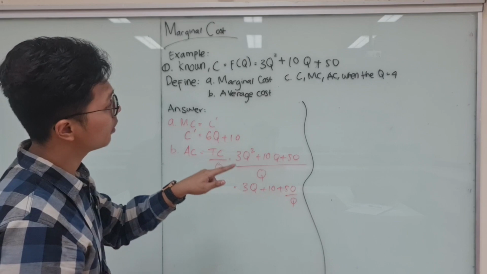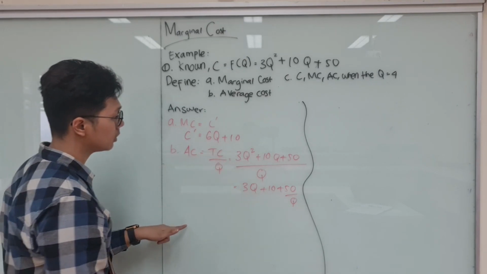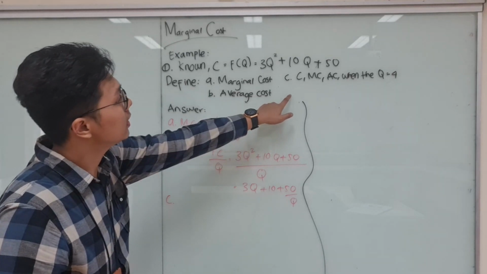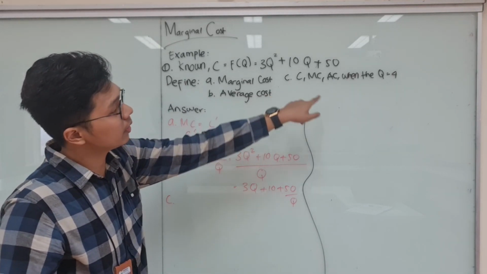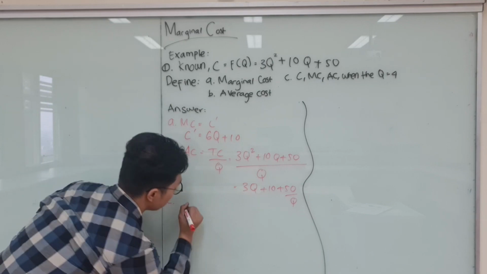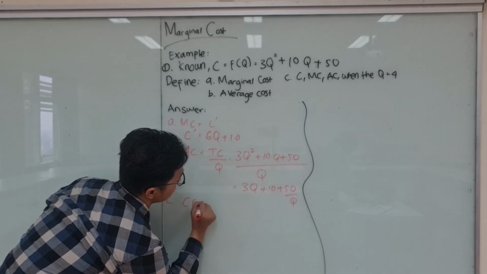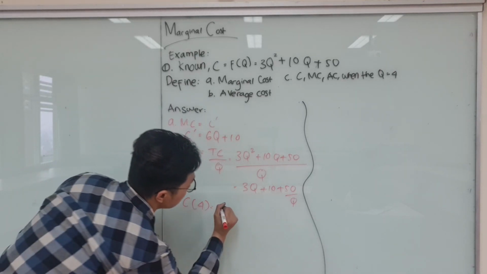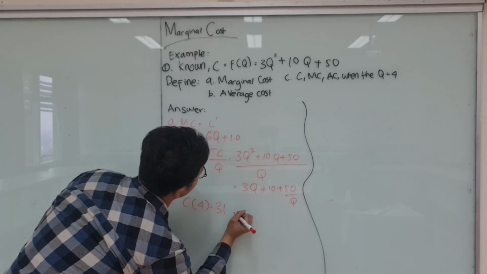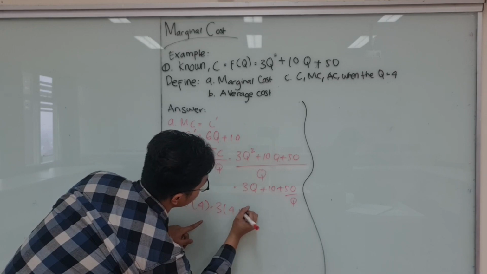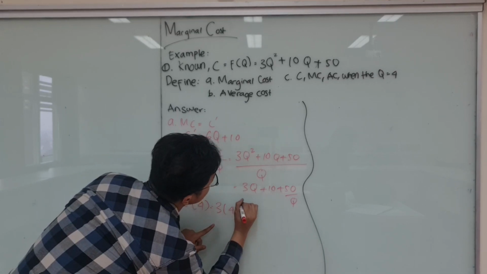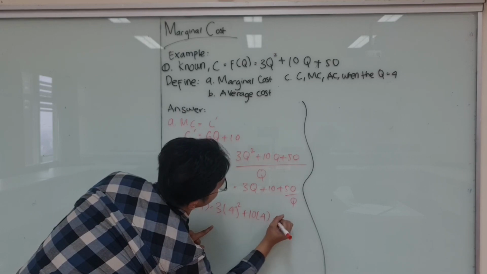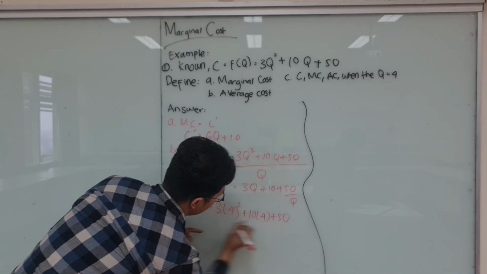And we move to the C questions. So if Q is 4, we take the equation of C and substitute 4 for Q: 3 times 4 squared plus 10 times 4 plus 50.